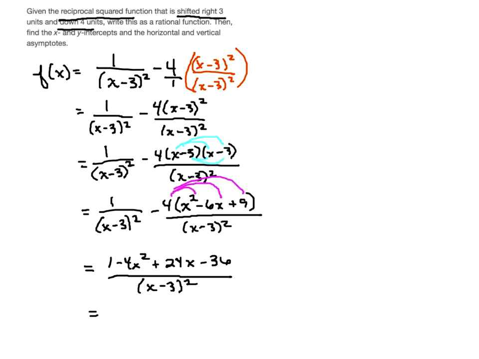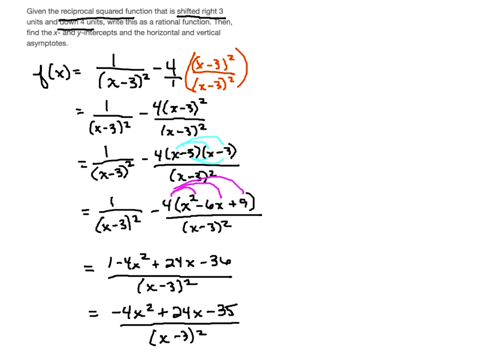Okay, and when I combine my 1 and my negative 36, I end up with negative 4x squared plus 24x minus 35 over x minus 3 squared.